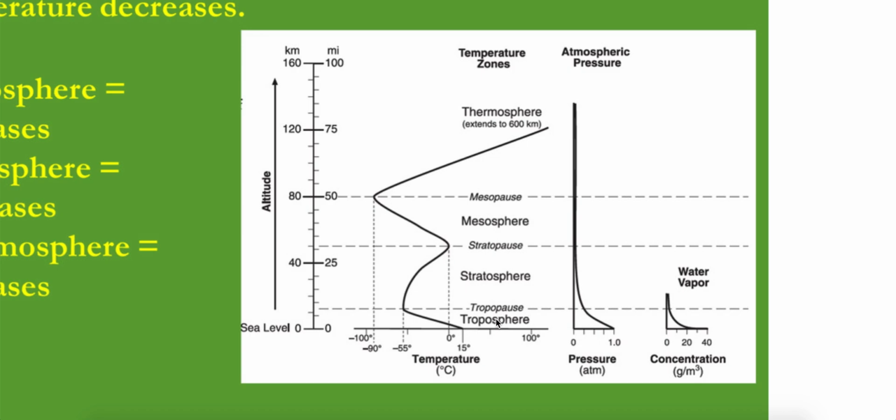Anyway, so the troposphere is what we experience day to day. The stratosphere is above our troposphere. Our mesosphere is above the stratosphere, and the thermosphere is above the mesosphere.